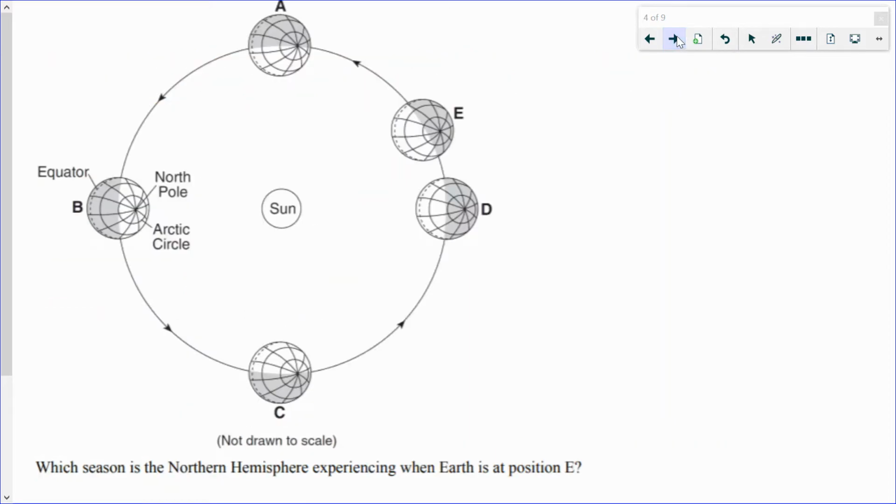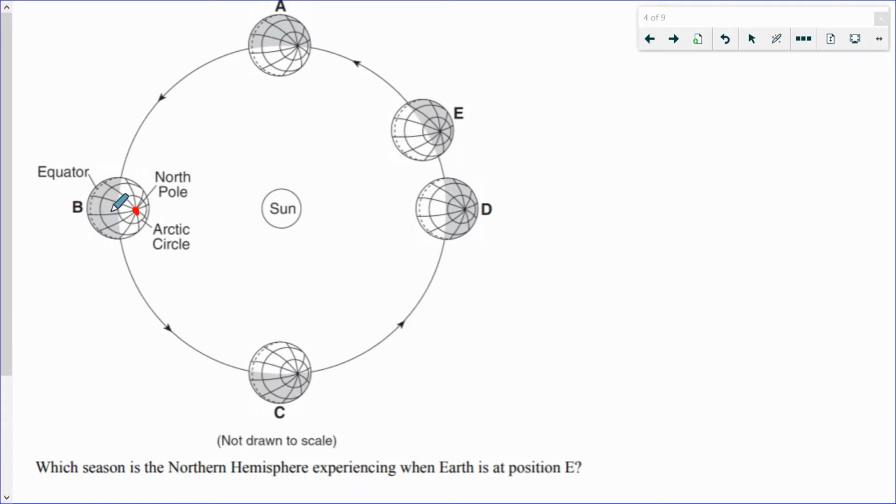Some top view diagrams. Which season is the northern hemisphere experiencing at E? It's a little more difficult here. Okay. First, pick the 4 dates. Can you find June 21st? June 21st would be right here at B. Okay.